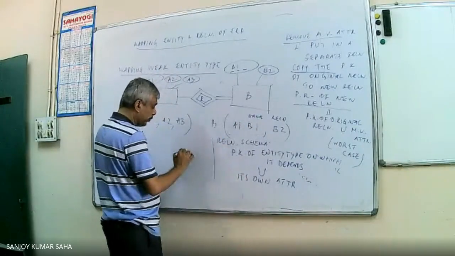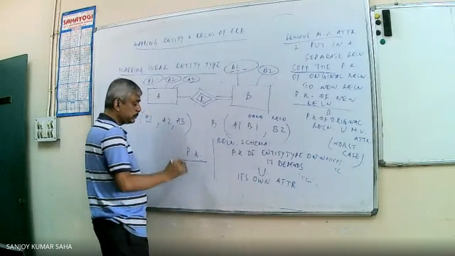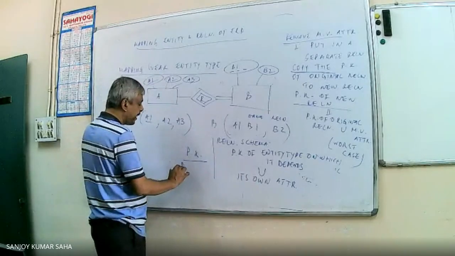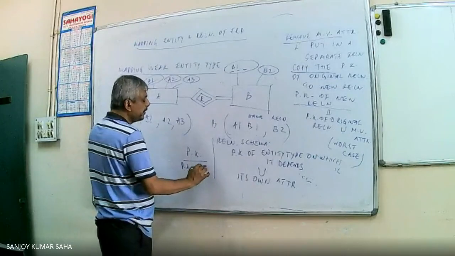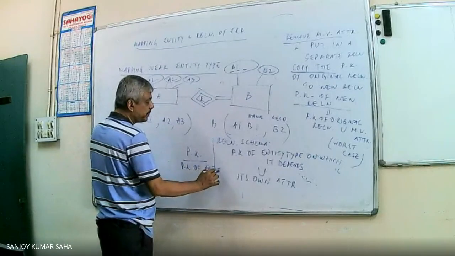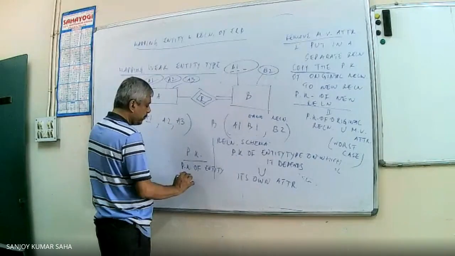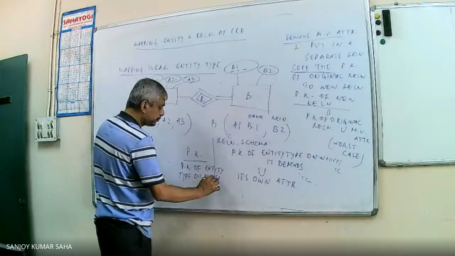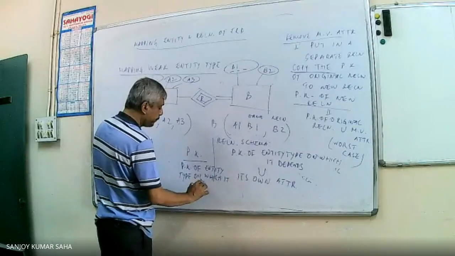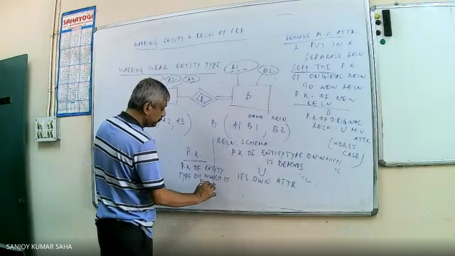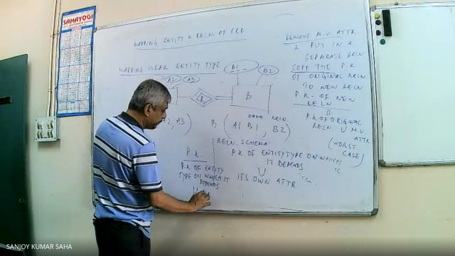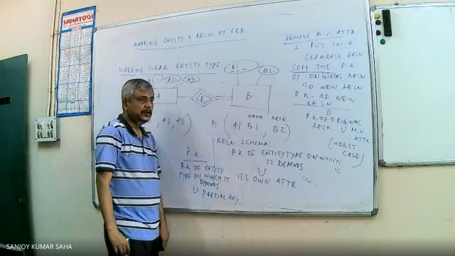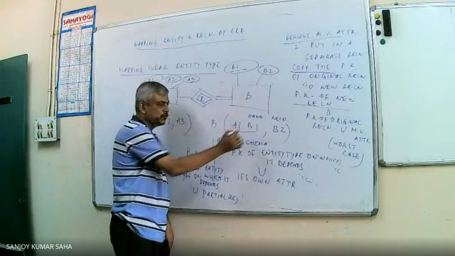Okay. And what will be the primary key? The primary key of the weak entity type will be the primary key of the entity type on which it depends, union the partial key. Union the partial key. So these two.